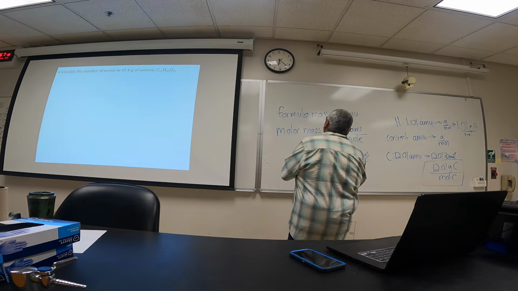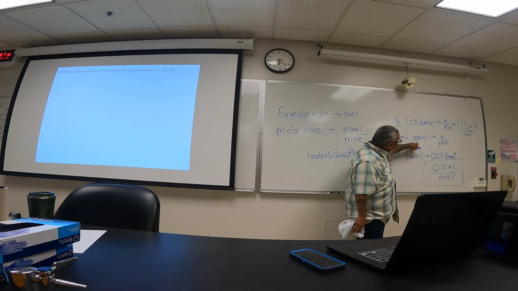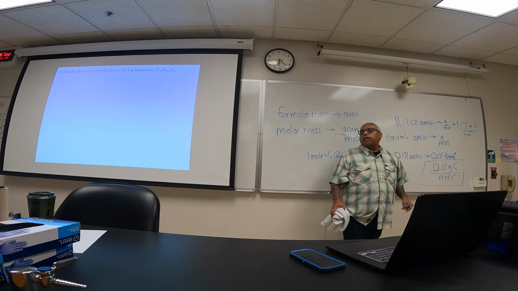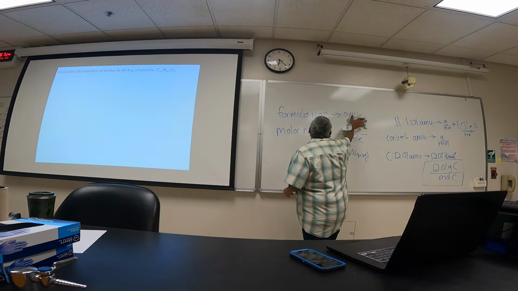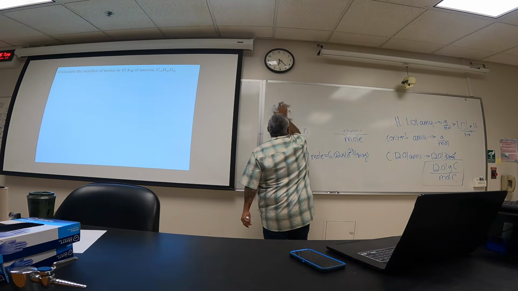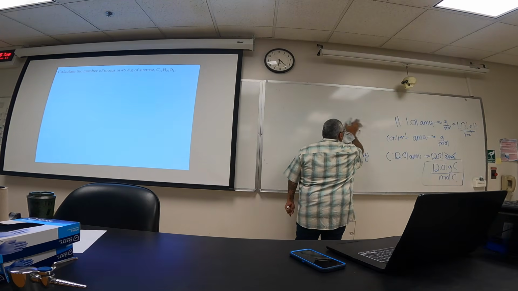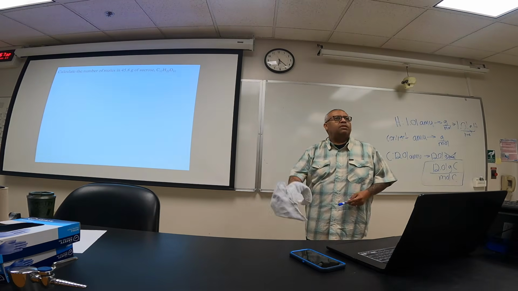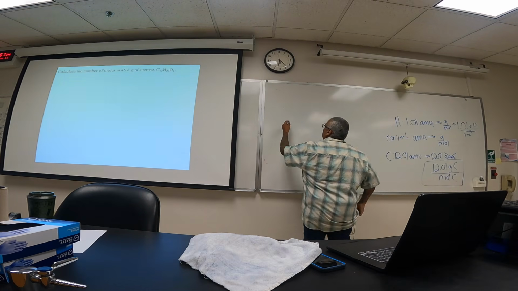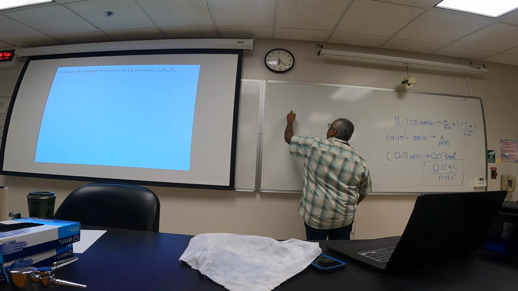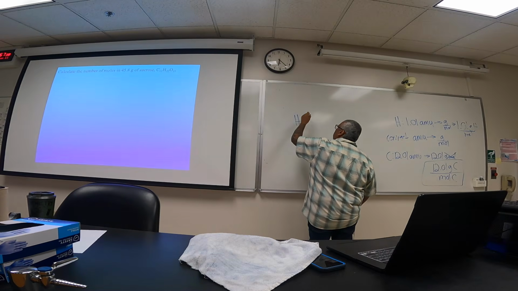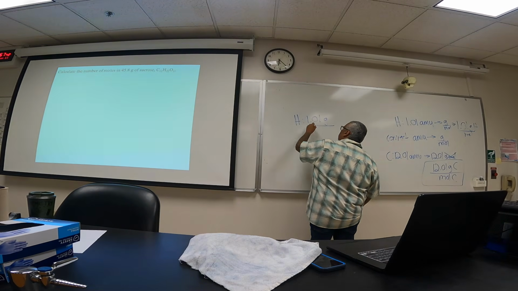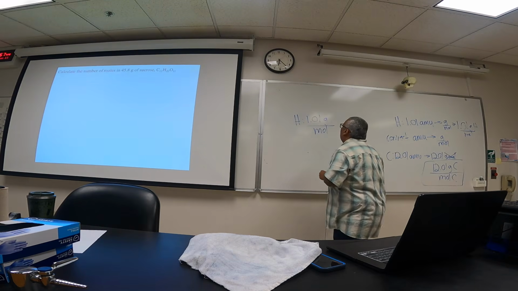So formula mass, molar mass. Okay? So we're going to start dealing with molar mass now. So anytime we get anything from the periodic table, we're going to think of it in terms of grams per mole.